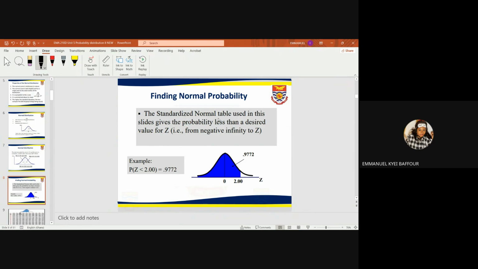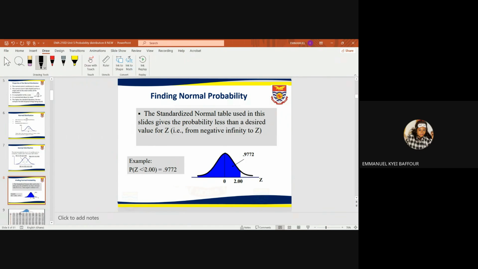So the standardized normal table, as we've been using, for the purpose of this discussion: the probability of less than a desired value for Z will be the values to the left of that particular score we are dealing with. We will soon look at probabilities.